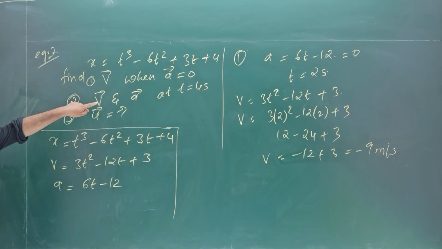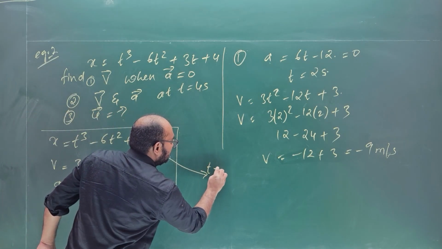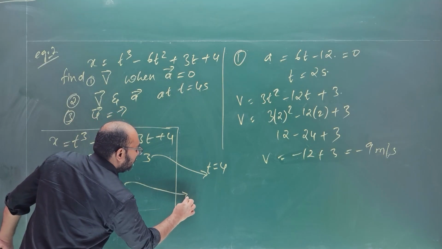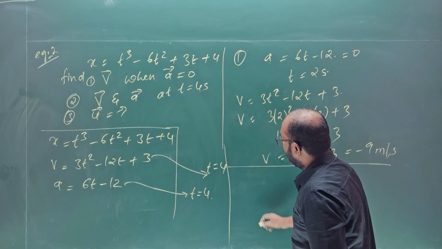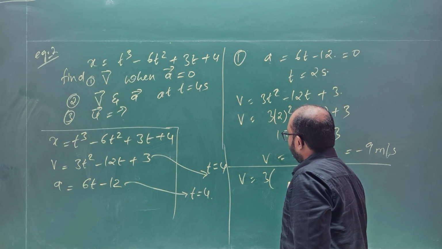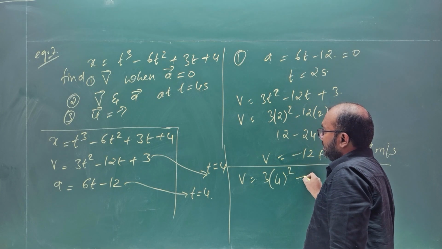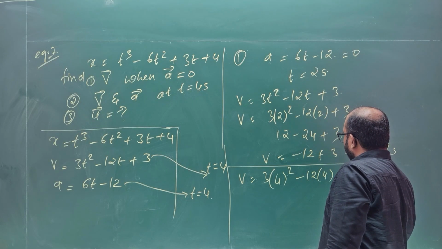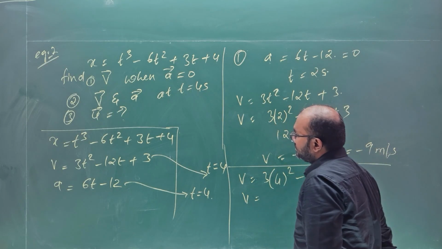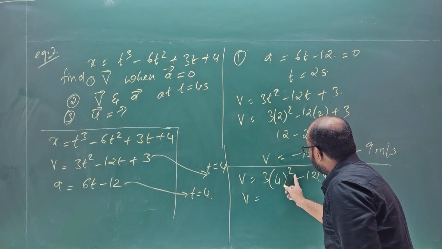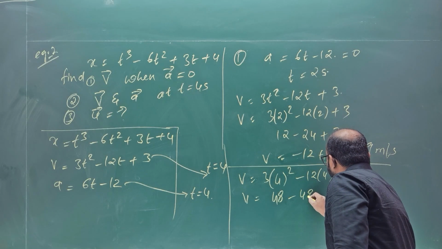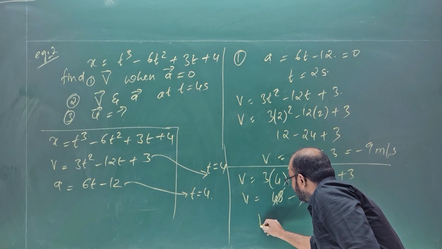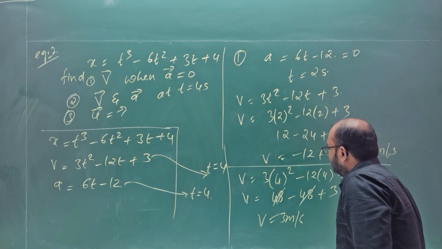V and A at t equals 4 seconds. Substituting t equals 4 seconds here and here. So v equals 3 times 4 square minus 12 into 4 plus 3, or v equals 3 times 16, 3 sixteens are 48, minus 48 plus 3, this gets cancelled. v equals 3 meter per second.